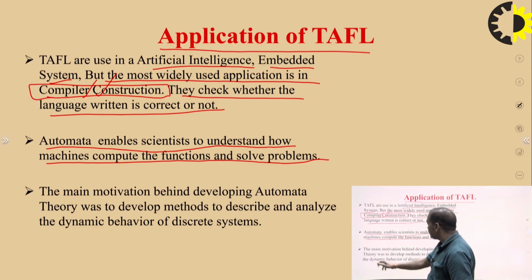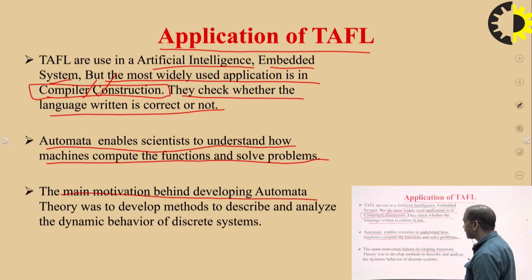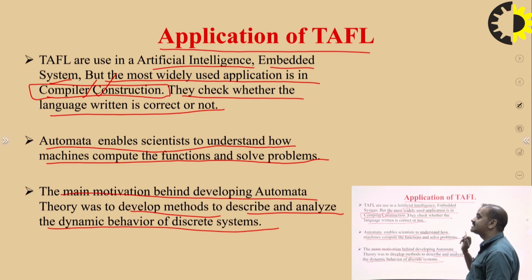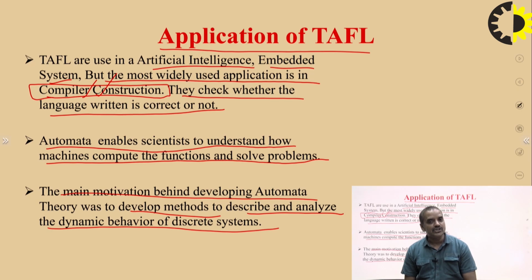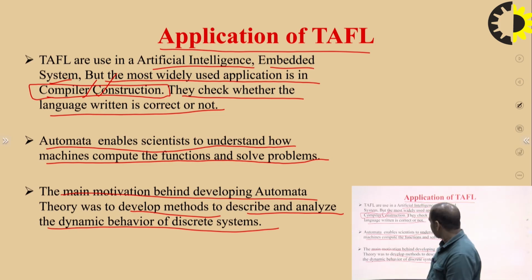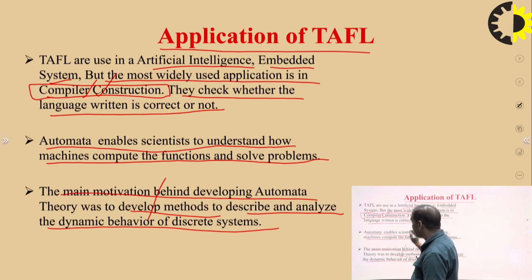The main motivation behind developing automata theory was to develop a method to describe and analyze the dynamic behavior of discrete systems. A discrete system means there is no relation between the previous model and the next model. For such systems, we use automata to design the discrete model.